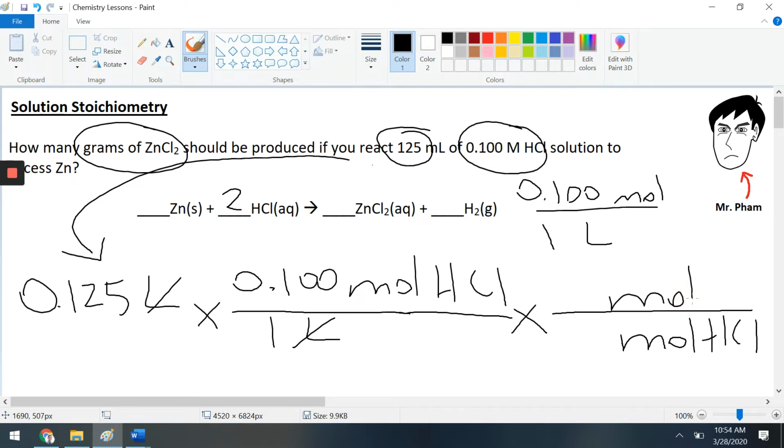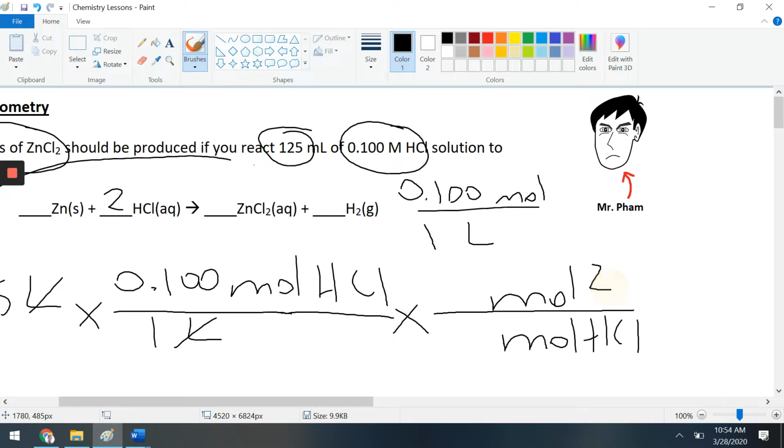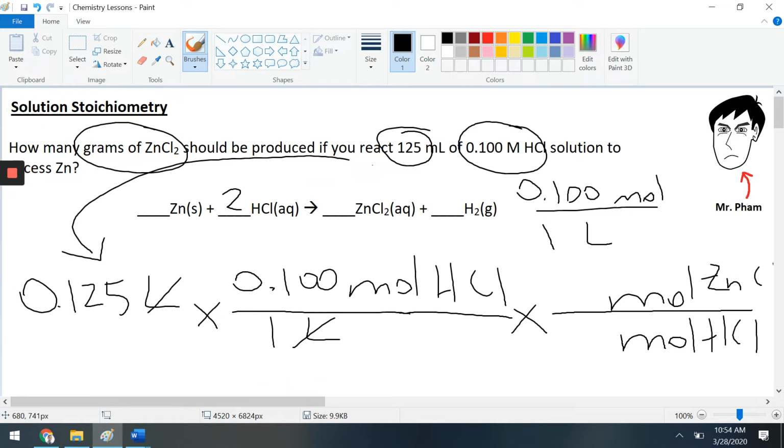Now look at your balanced equation. What's the mole ratio? For every 1 mole of zinc chloride, you have 2 moles of hydrochloric acid. Okay, moles of hydrochloric acid cancel. Are we done? Not quite.